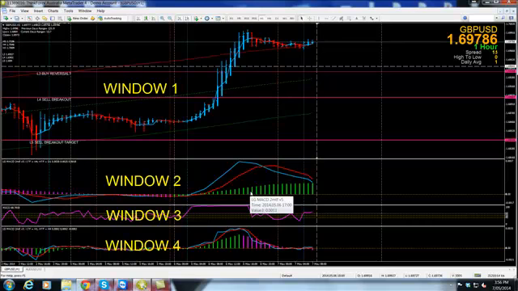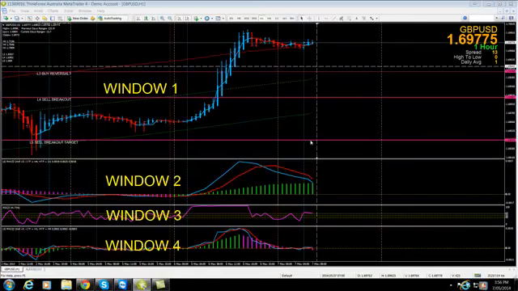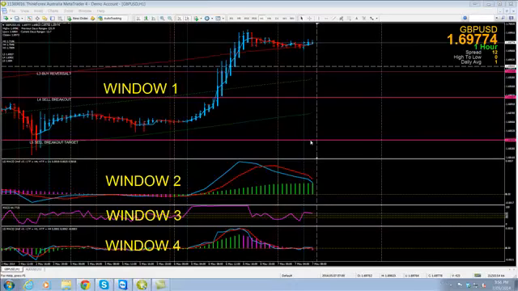So between window 2 and window 4, we have information from three different time frames: the current time frame, the time frame immediately higher, which is the 4 hour time frame, and the highest time frame of the day, which is 2 time frames higher than our 1 hour here.